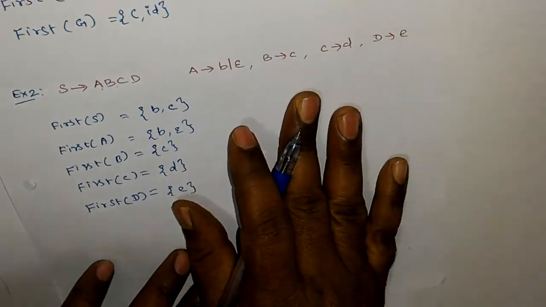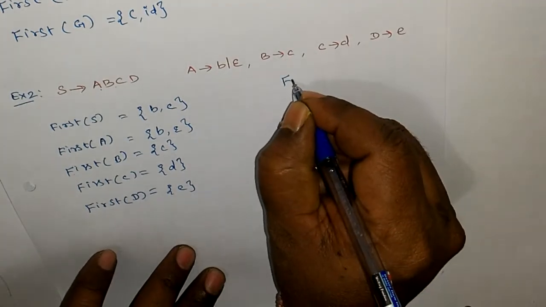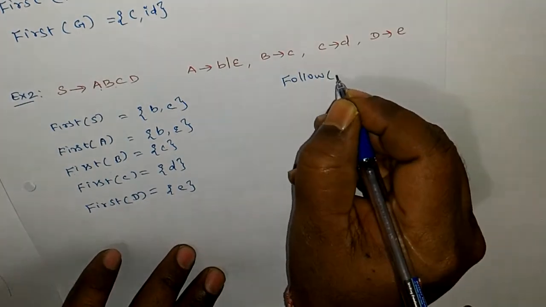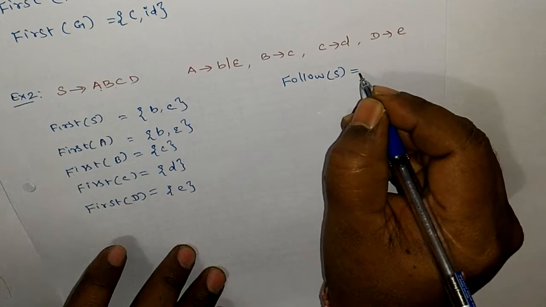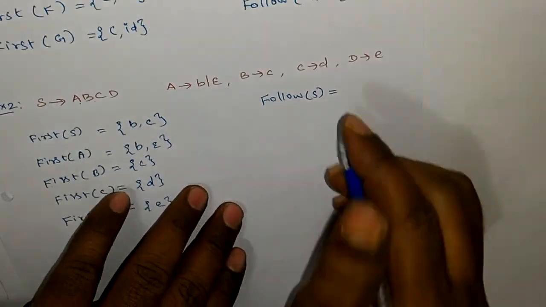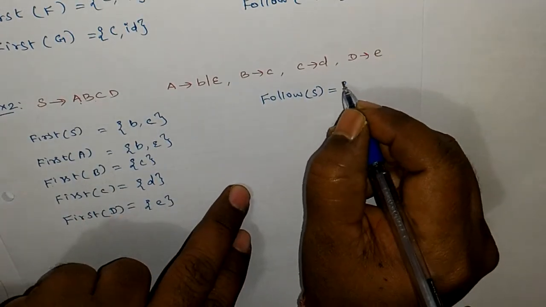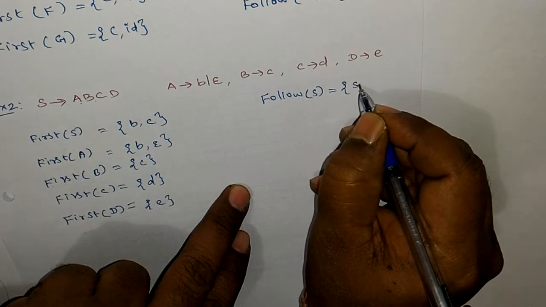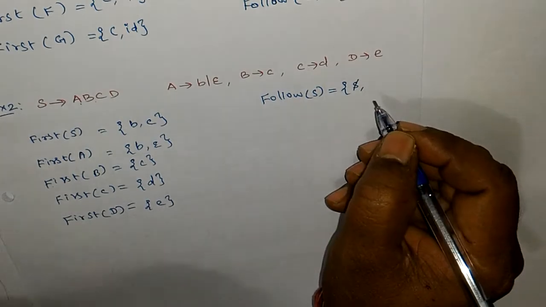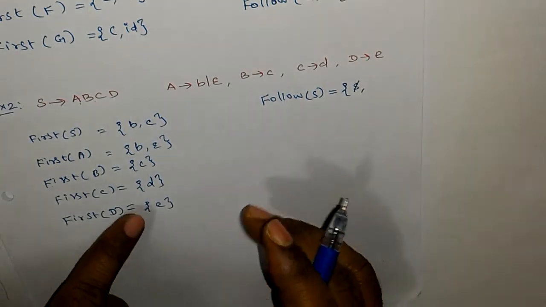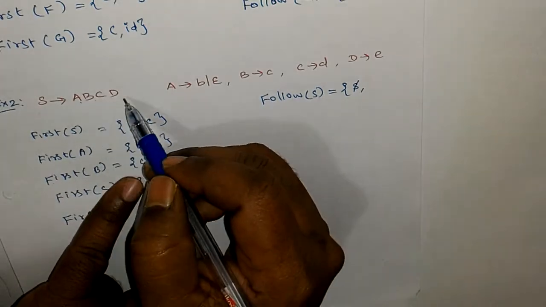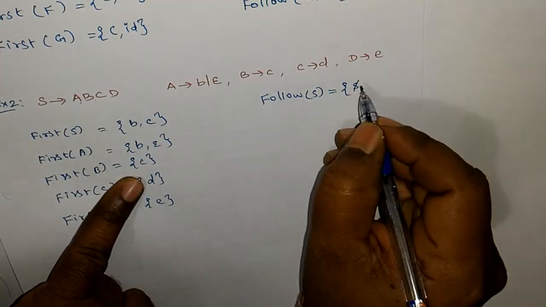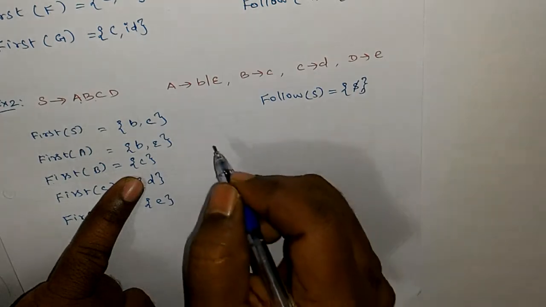Next one, follow of S. As per procedure, the root variable always has dollar as its follow. Then where does S appear on the right side? Nowhere, so follow of S is dollar.